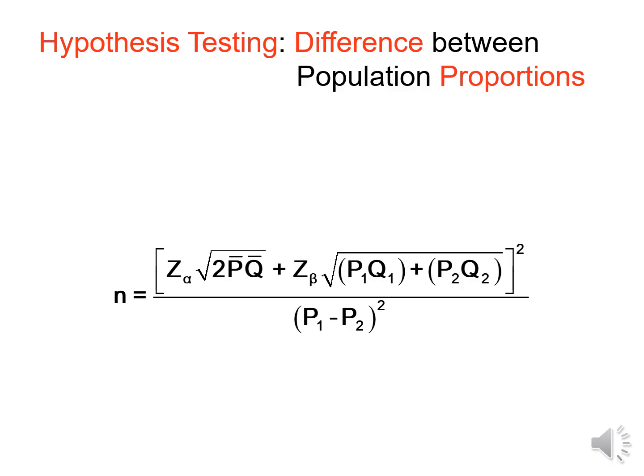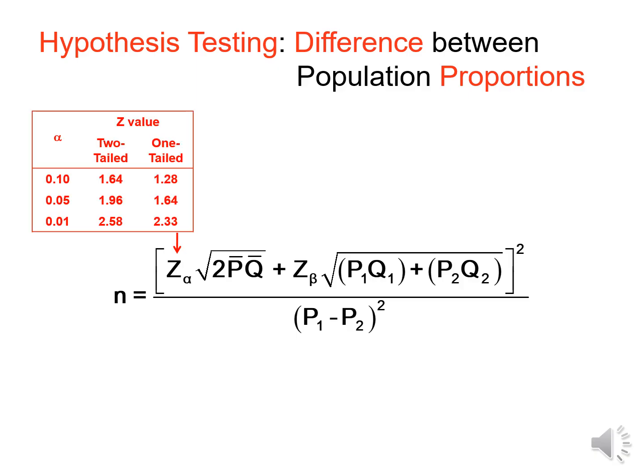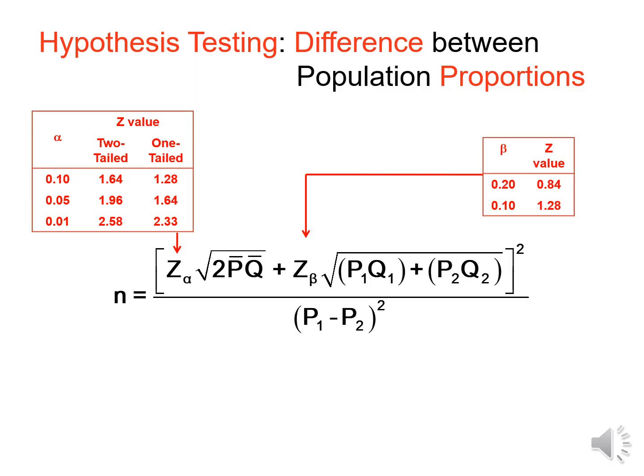We now go to hypothesis testing for the difference between population proportions. N is the sample size. Z of alpha is the standard normal deviate corresponding to a set level of significance and the type of alternative hypothesis, whether one-tailed or two-tailed. Z of beta is the standard normal deviate corresponding to the power of the test.